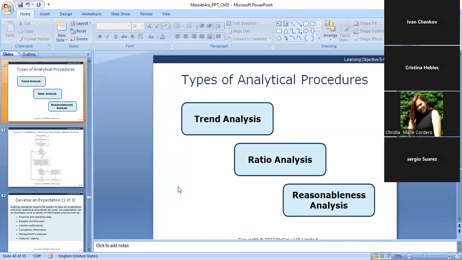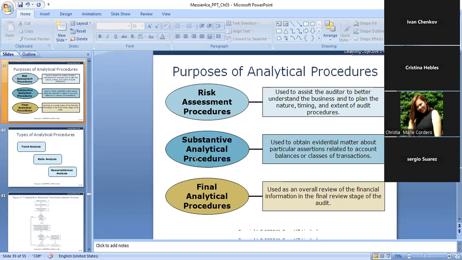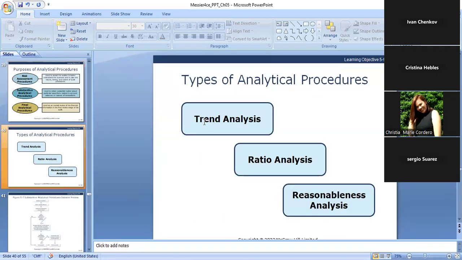Types of analytical procedures: trend analysis, ratio analysis, reasonableness analysis. Trend analysis is based on the information of 3 years, not 2 years. With 2 years, we can talk about the differences. For trend analysis, we need at least 3 years. Ratio analysis is comparison of one ratio to another ratio year over year.